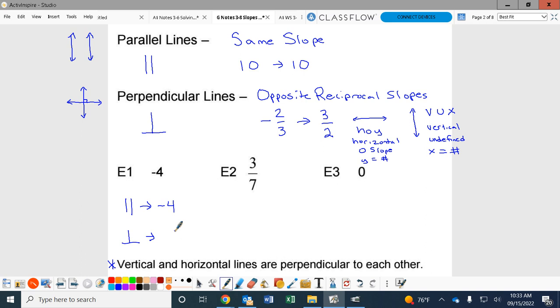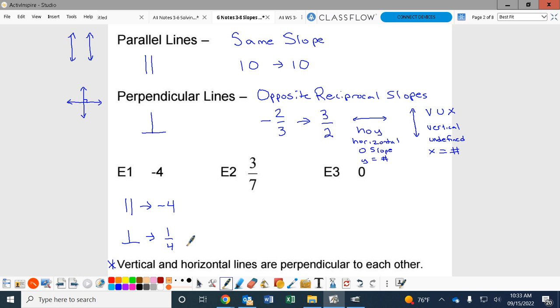Guys, what number is really underneath every whole number? 1. It's -4 over 1. And when you turn it over, it's going to become what? 1/4, and it is now positive.